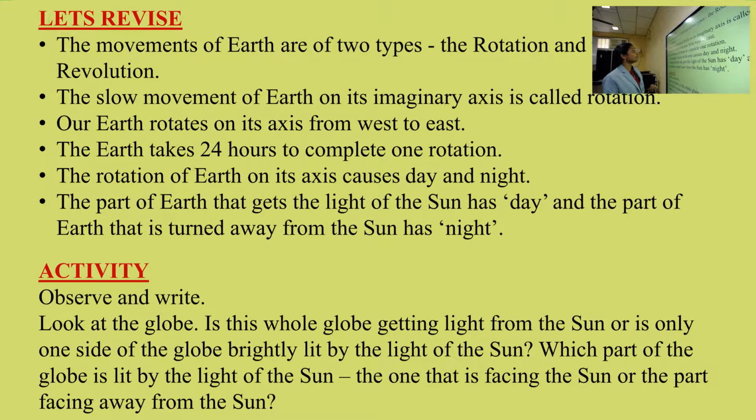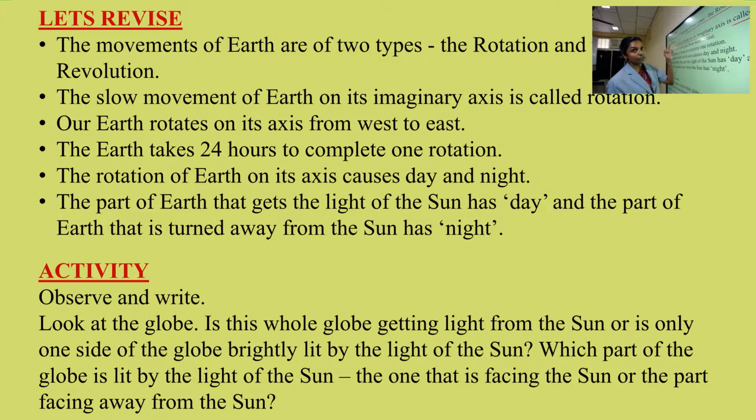So let's revise again. The movements of earth are of two types, rotation and revolution. The slow movement of earth on its imaginary axis is called rotation. So earth has two types of movements, rotation and revolution. So what is rotation?